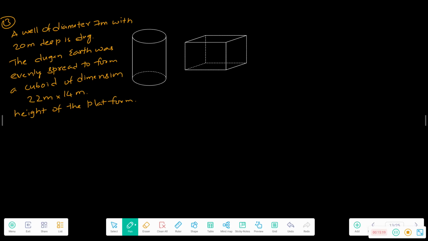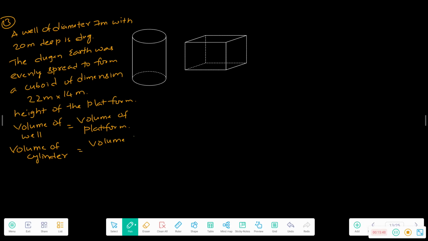So what we get? Volume of the well is equal to volume of platform. Volume of well means volume of cylinder. It is equal to volume of cuboid. So volume of cylinder is pi R1 square H1.